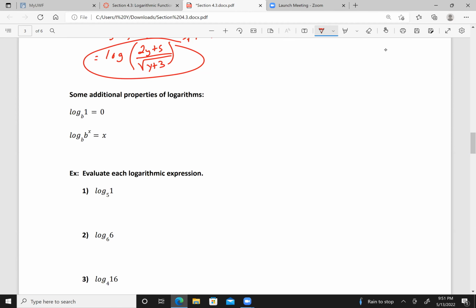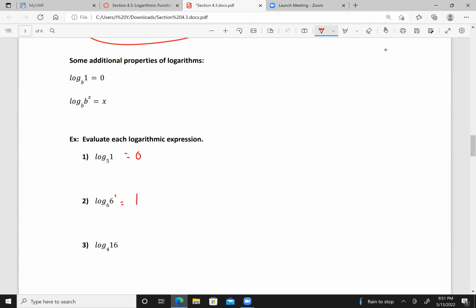Log base 5 of 1, well, that's 0. Log base 6 of 6 is 6 to the first, right? Which is 1. The log base 4 of 16, which is what? The log base 4 of 4 squared. So that's 2.